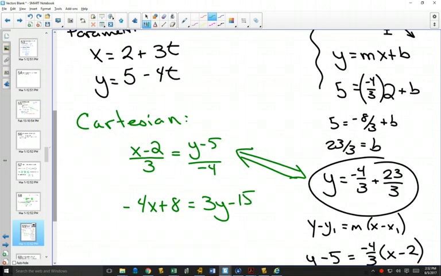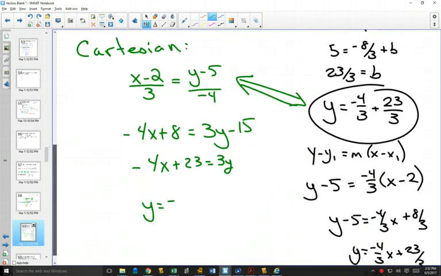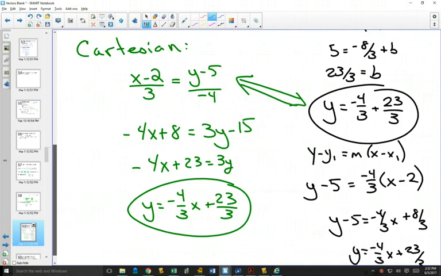I want to get y by itself, so negative 4x plus 23 is equal to 3y. Divide by 3, and sure enough, we get the same equation.